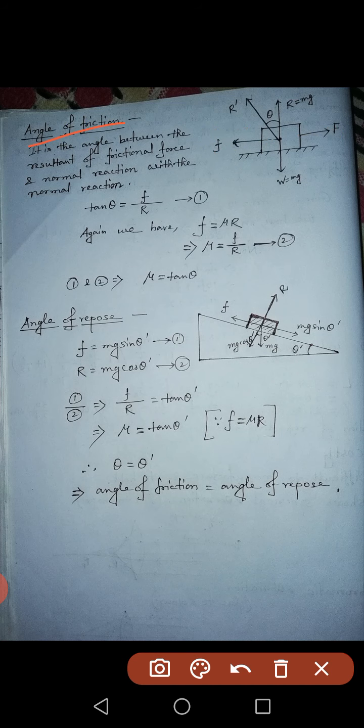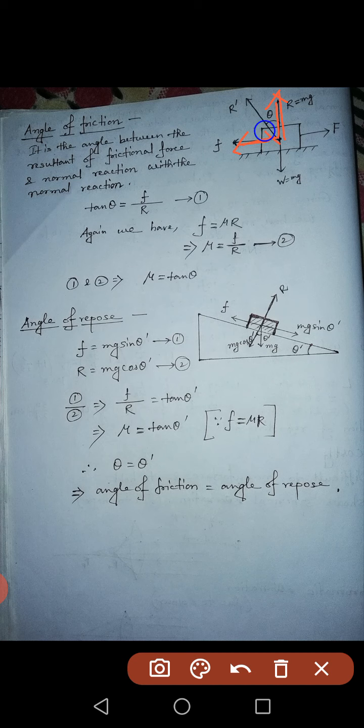Okay. Now angle of friction means this angle theta. Now how to define this angle? Two forces we are considering here. One is the frictional force, one is the normal reaction. If you remember the parallelogram law of vector addition, if two vectors like this one and this one form two adjacent sides of a parallelogram, then their resultant is the diagonal of the parallelogram.